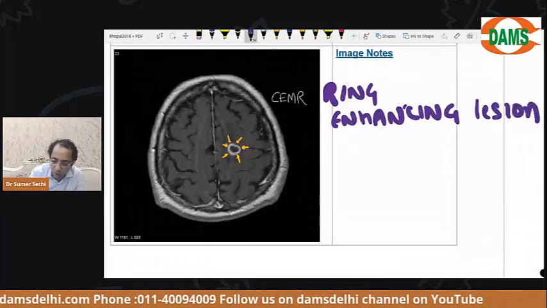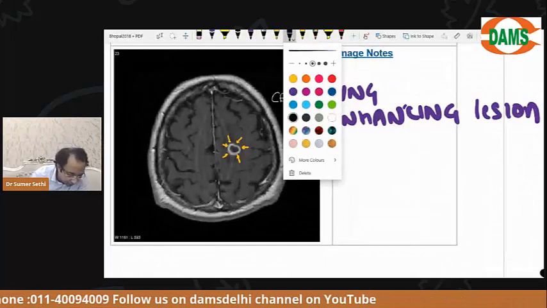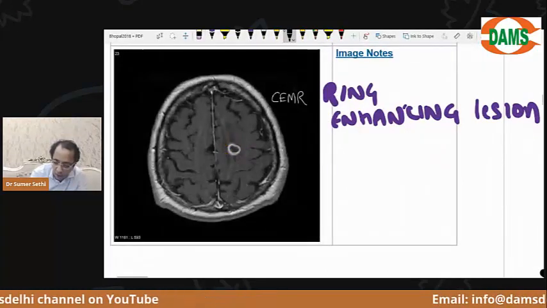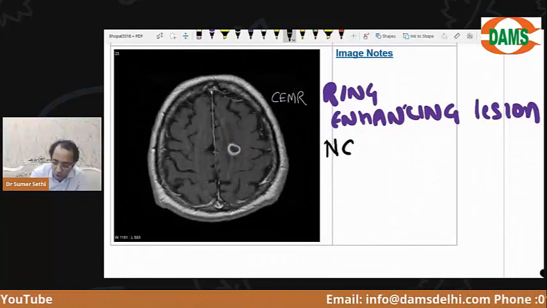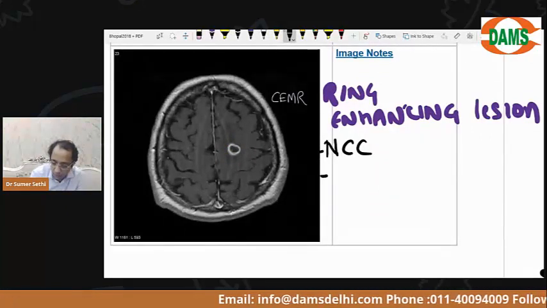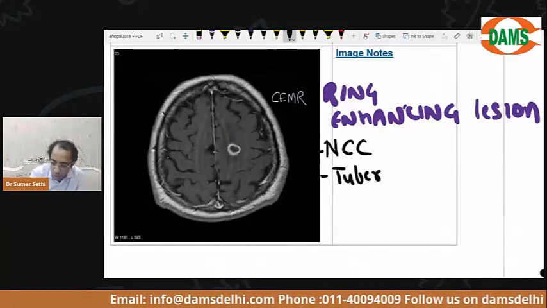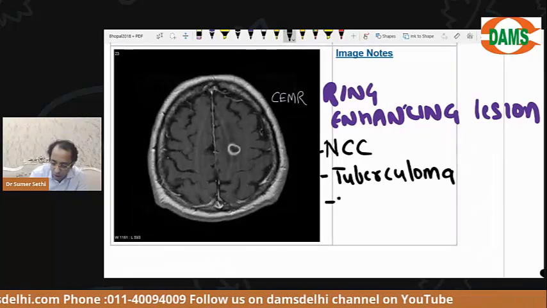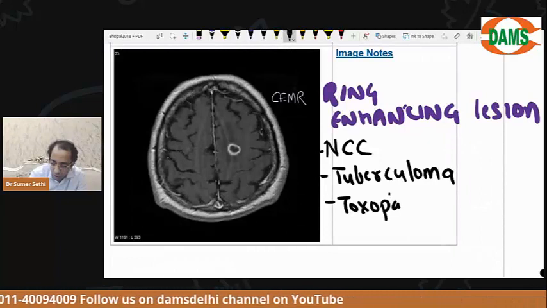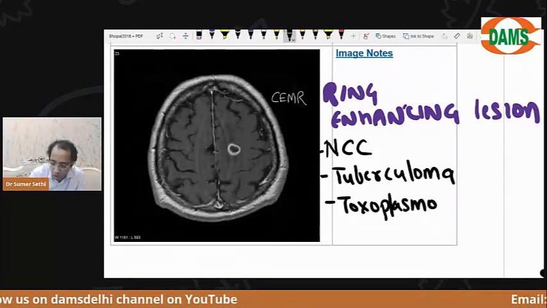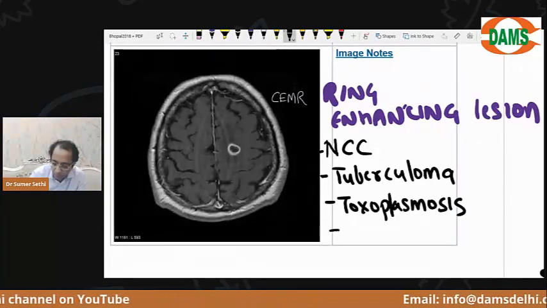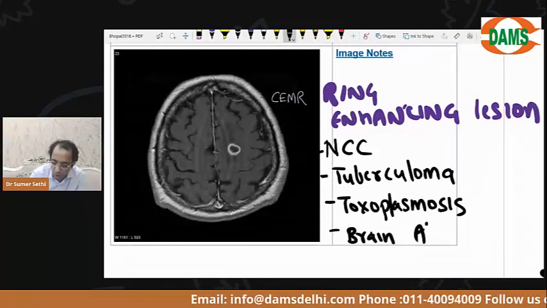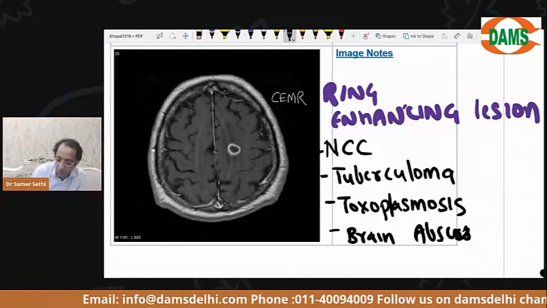Ring enhancing lesion in the brain: when I see this, it tells me there must be some infection like neurocysticercosis, tuberculoma, toxoplasmosis, brain abscess. All four are infective problems.